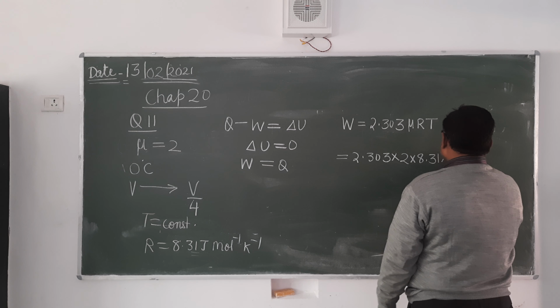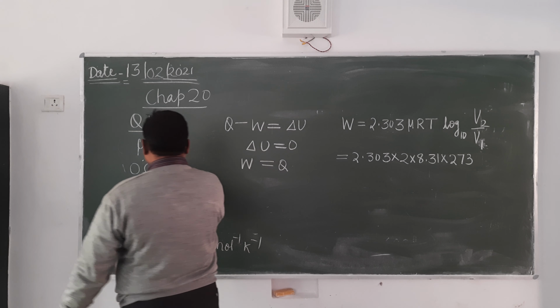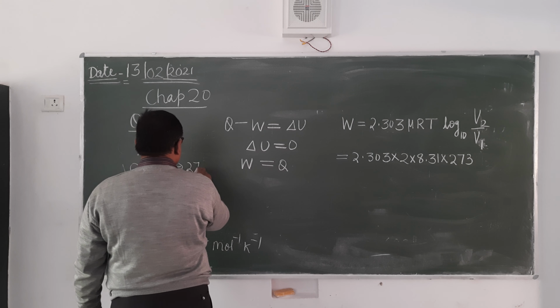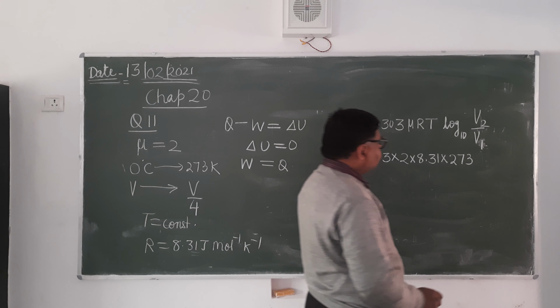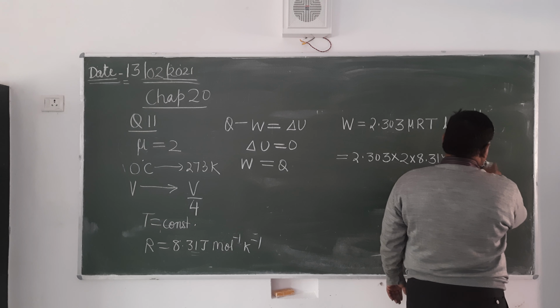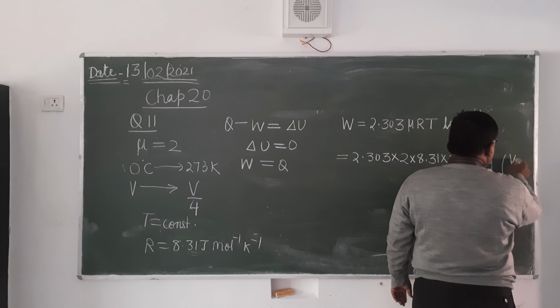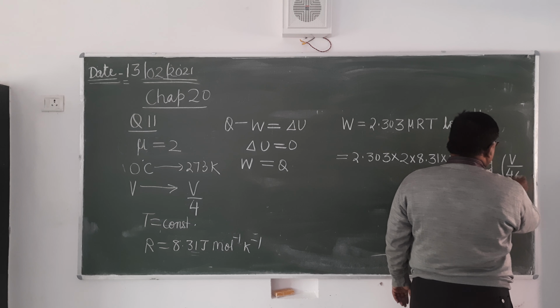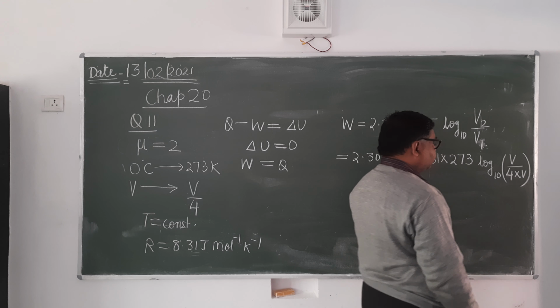T is how much? 273. 0 degree Celsius is given, means 273 Kelvin. It is T. And log, this will be V2 upon V1, that is V2 is V upon 4, V1 is V. This is the base 10.